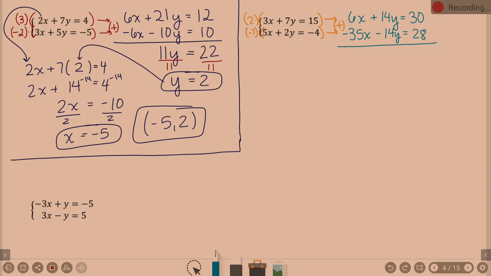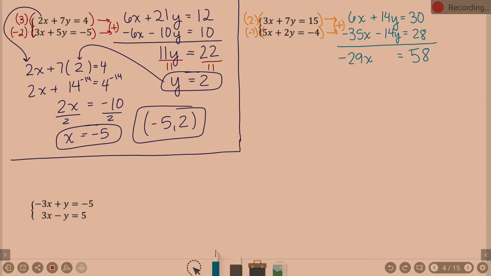6x plus negative 35x, negative 29x. 14y plus negative 14y cancels. That's 0. Equals 30 plus 28, 58.